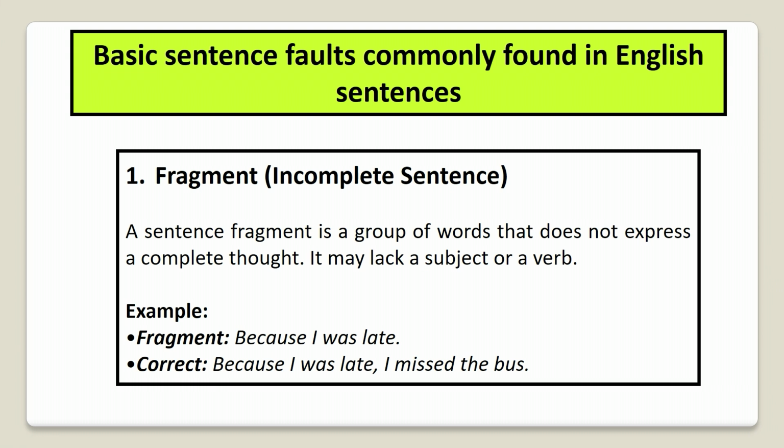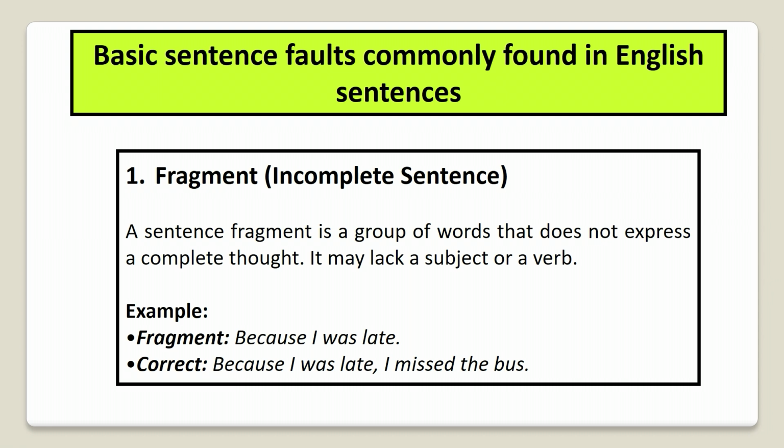Here the reason is not clear, but what will be the correct form? Because I was late, I missed the train. Or, I missed the train because I was late. So that will be the correct sentence. An incomplete sentence should not be there. All correlation and connecting words must be there so that the meaning of the sentence is clearer and more vivid.